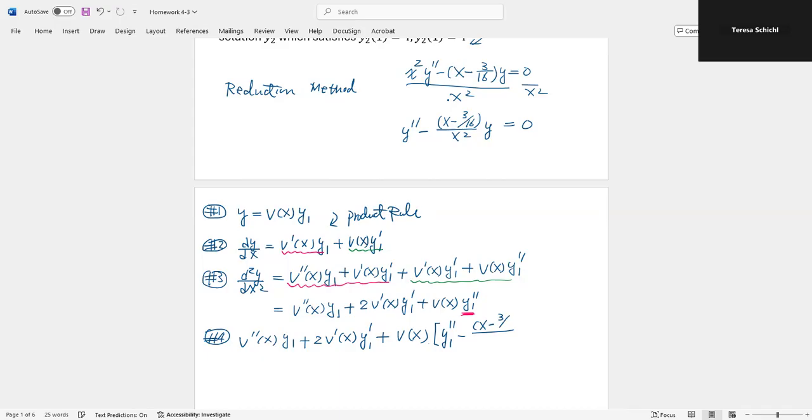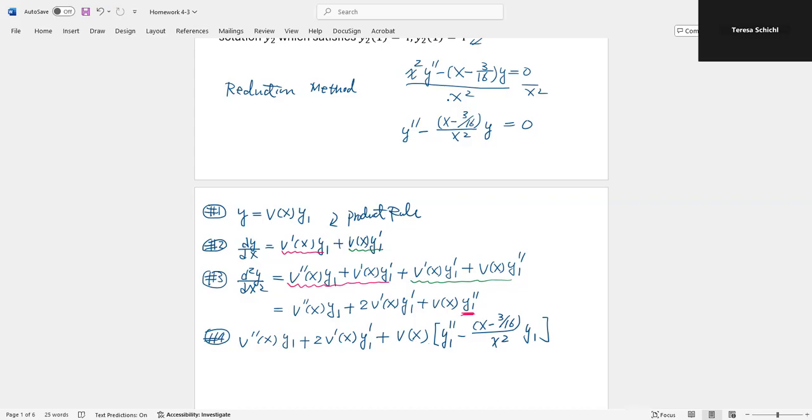minus 3/16 x squared y1. All right, because this is my second order differential equation, and because y1 is a solution, I will be able to have this. So you times this, right?